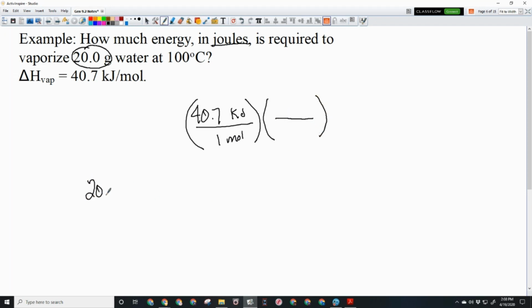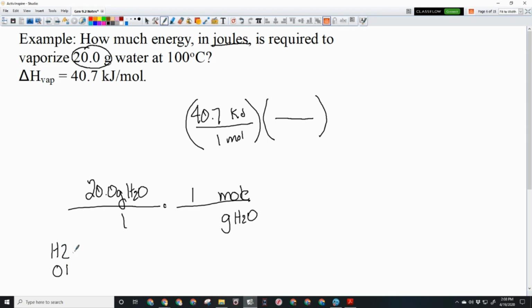So I have 20 grams of water, and I need to convert that to moles. So I'm going to put grams of water on the bottom and moles on the top, because that's what I'm converting to. So 1 mole of water is how many grams? Well, it's H2O.